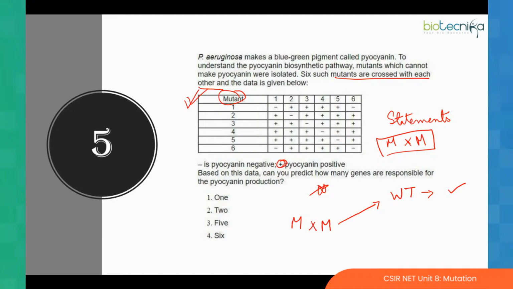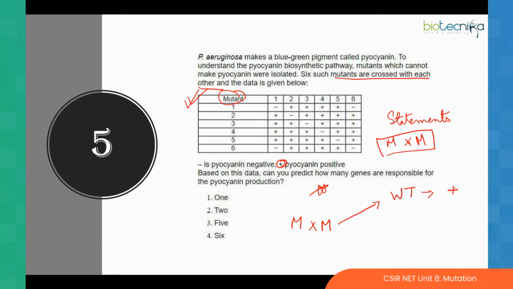So the wild type phenotype is production of pyocyanin, and mutants are not able to produce pyocyanin. So when mutants are crossed and wild type is produced, complementation happened, and it is shown by plus. If complementation is there, the genes are non-allelic in nature.